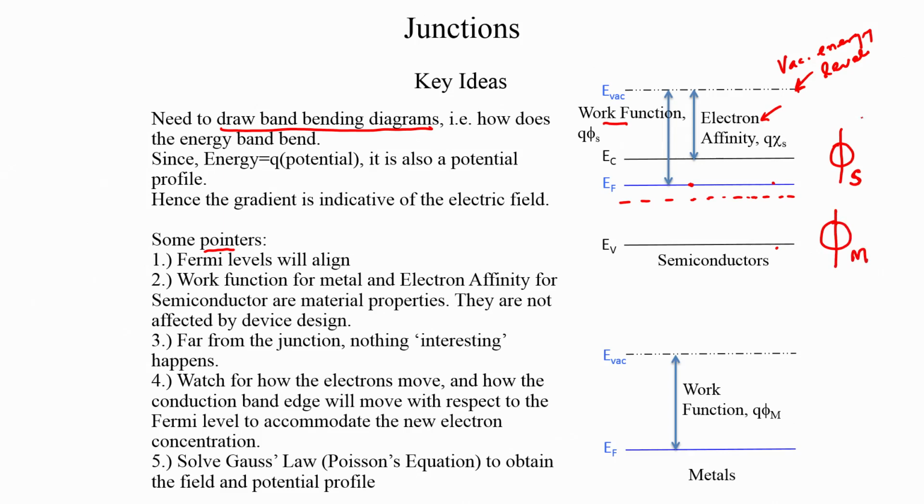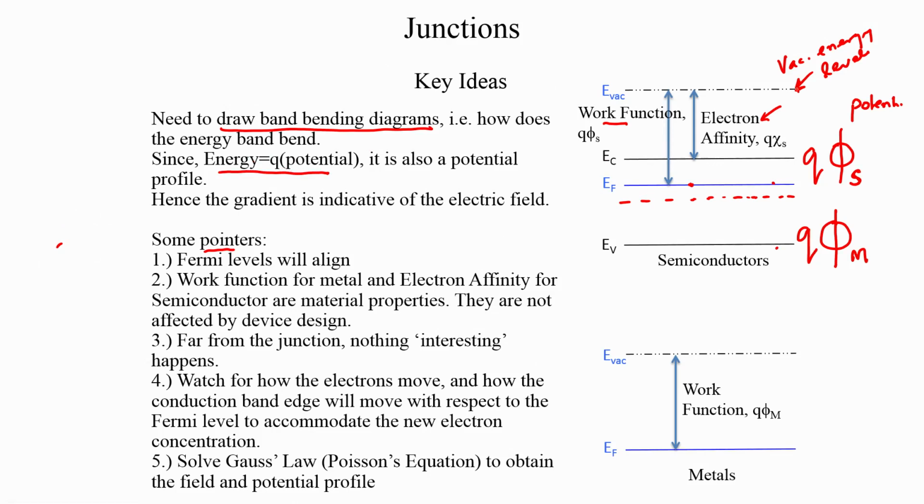Now phi is the potential, and the energy is simply Q times phi. So if Q phi is equal to, say, 0.1 electron volt, it simply means phi is 0.1 volt. The energy and potential are easily related in any picture like this by simply multiplying the potential with the charge.